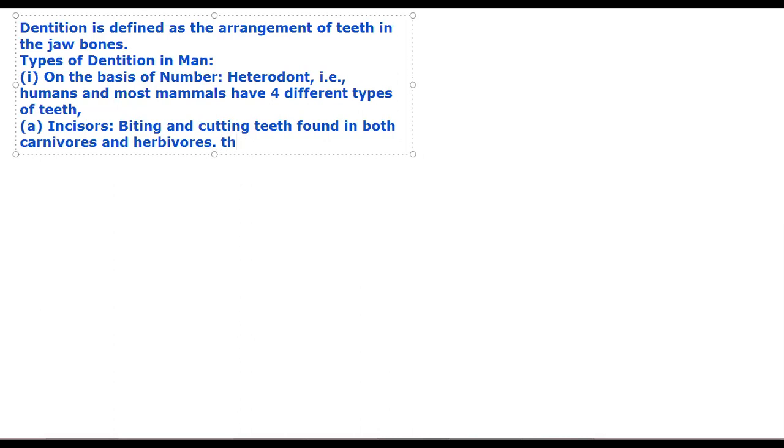They have a flat surface, and we call this chisel shape. So they are called chisel shape.